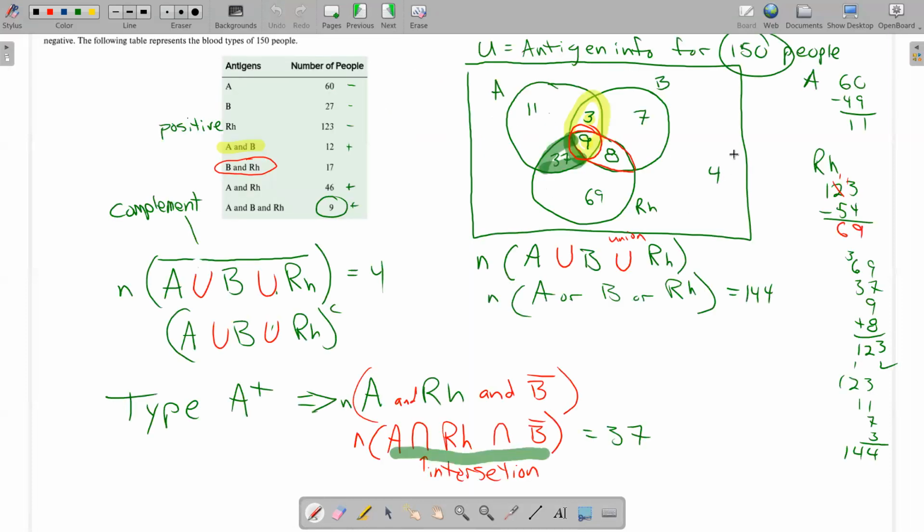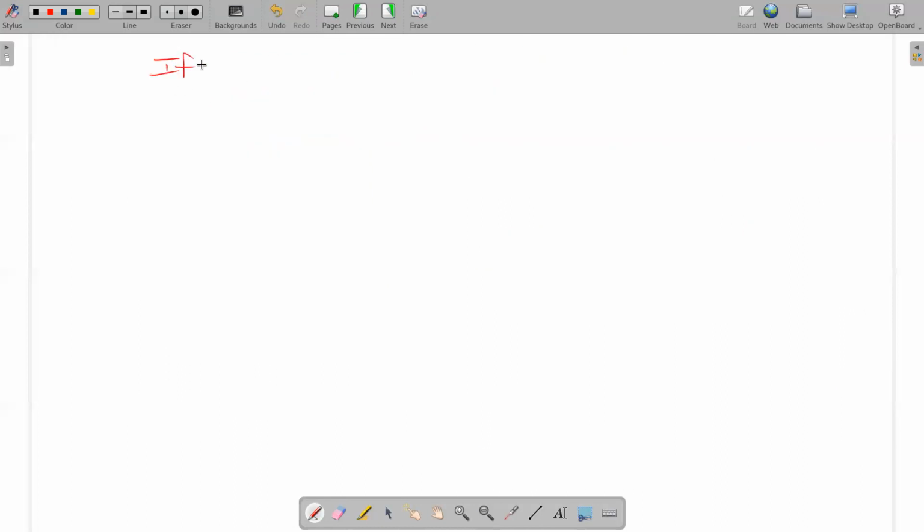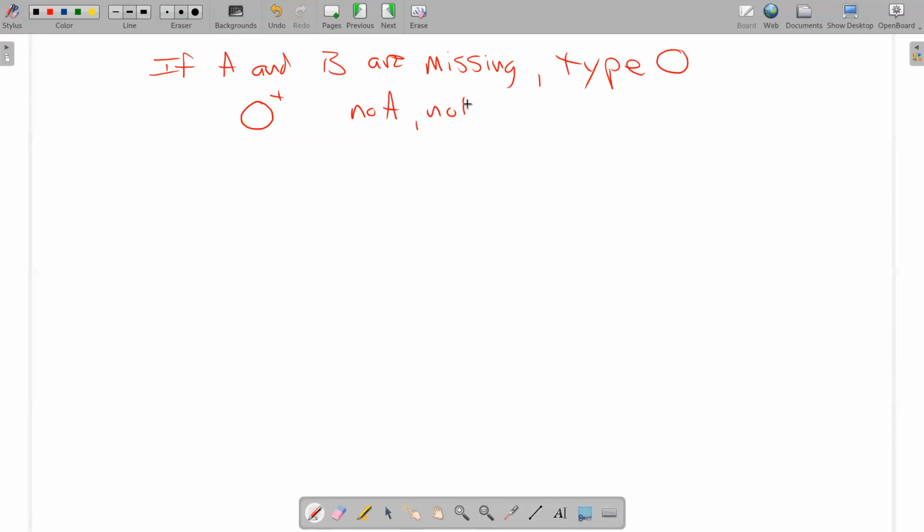Now, we didn't name these 4 people out here except to say that they didn't have the A, the B, or the RH. And when the A and the B are missing, we call those O. So if A and B are missing, it's type O. And then we can have O positive, meaning there's no A, no B, but there is RH.